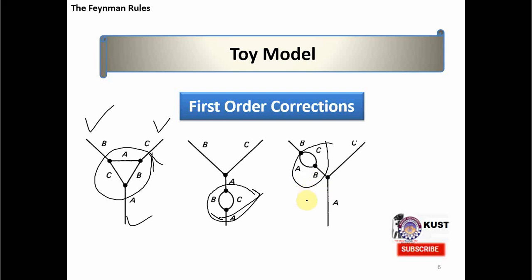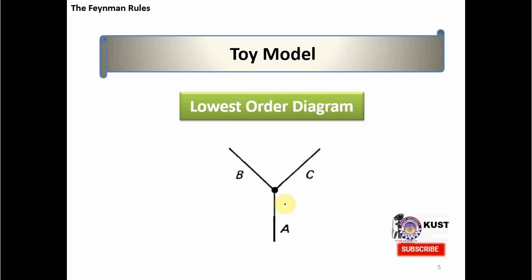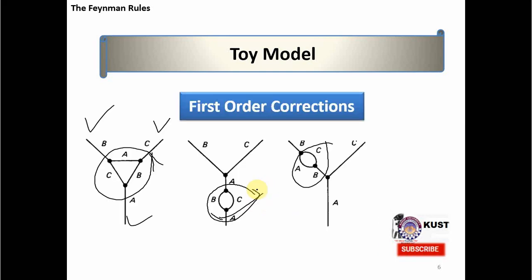At the end, when we develop the Feynman calculus, we will see that every vertex has its own contribution, and as the number of vertices increases, the contribution decreases. So this diagram will contribute less compared to the first order diagram. This diagram will contribute the most because it has one vertex, and these diagrams will contribute less, but still there is a contribution.